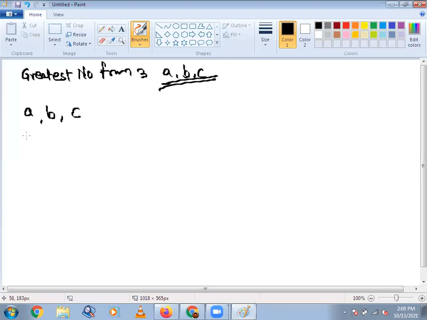With if else, is it possible? Okay, with if else, tell me what will be the next step. Your scanf statement, %d %d %d, and A, B and C. Then what will be the next statement?